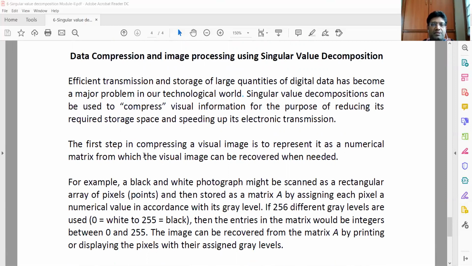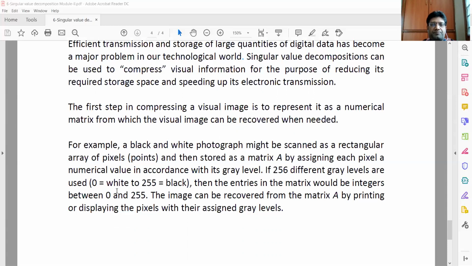The first step in compressing a visual image is to represent it as a numerical matrix from which the visual image can be recovered when needed.